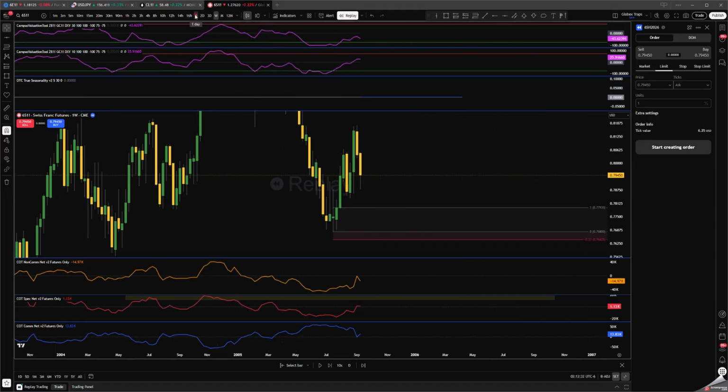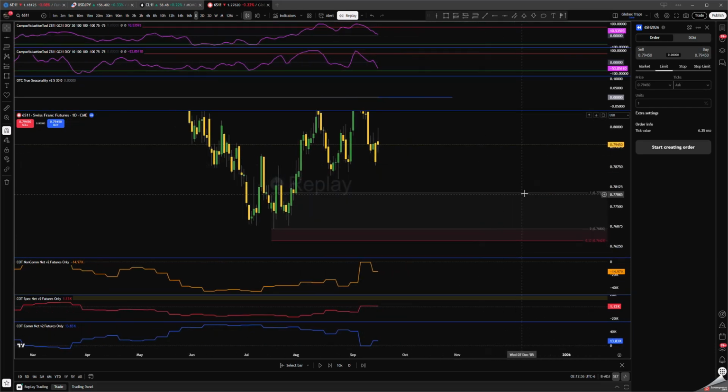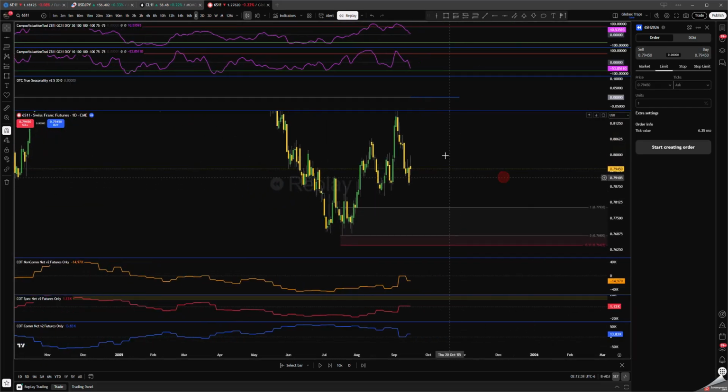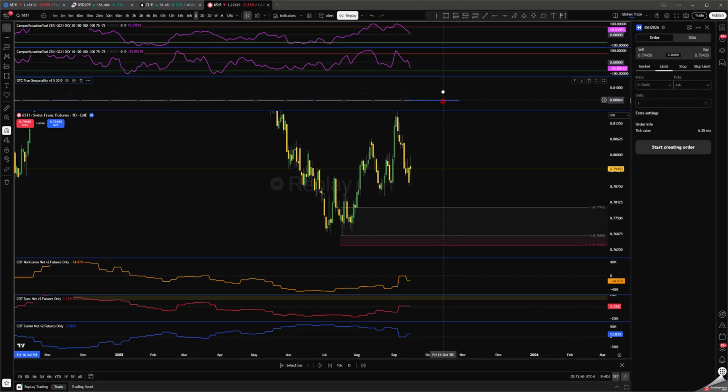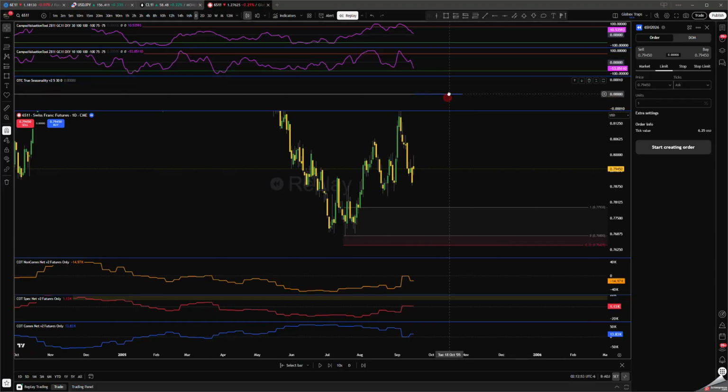Now let's try to go to the daily time frame. And is seasonality working? Maybe not. I don't think so. But anyway, let's look at the valuation.